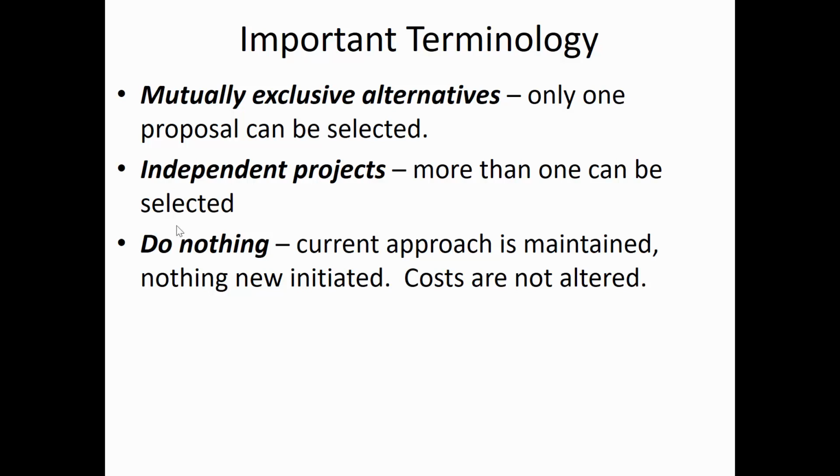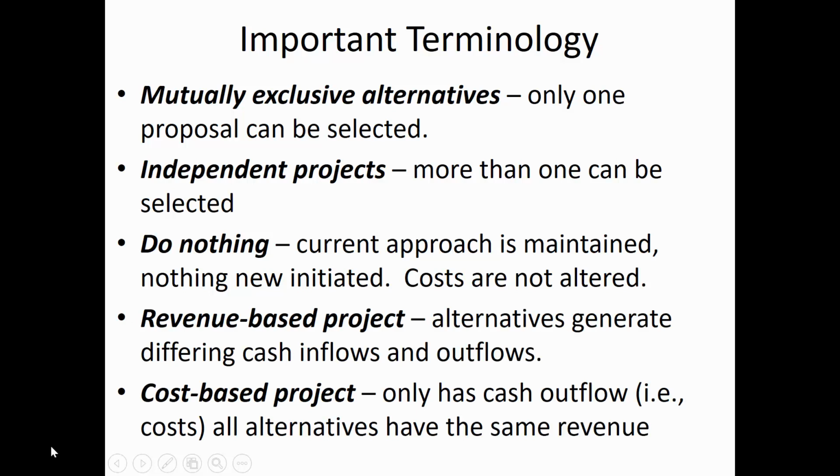But the do-nothing alternative should always be considered. And in a lot of cases, when all the other options are bad and are going to cause an organization to lose money, then do-nothing needs to be seriously considered. So in the do-nothing approach, the costs that you currently have aren't adjusted.